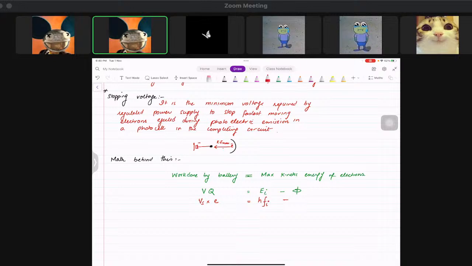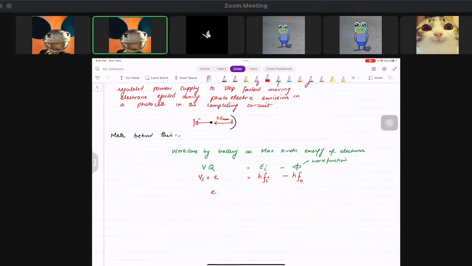And the work function would be Planck's constant times the threshold frequency, that is the minimum frequency the metal requires to release electrons, right? So I just want to tell you this is the work function if you don't know yet. Okay. So now this becomes e times Vs equals h f minus h f naught. I can actually compare this with y equals mx plus c. Do you know this equation from math?